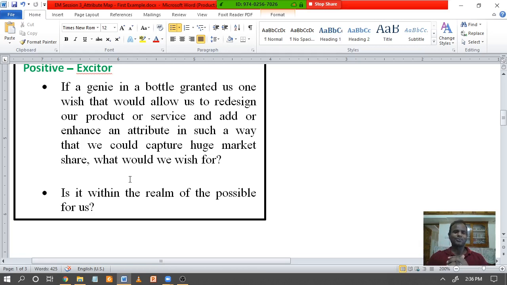What do you guys think? What will be that one attribute? Any guesses? What will be that one attribute that you would like to see in your toothpaste, or you would enhance in your toothpaste to capture a huge chunk of market?